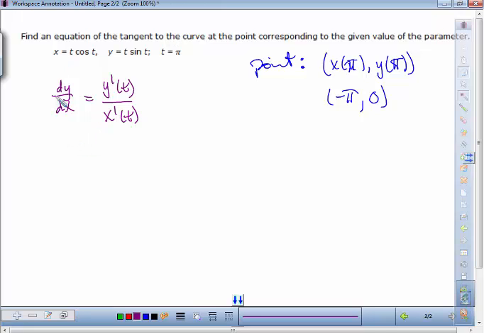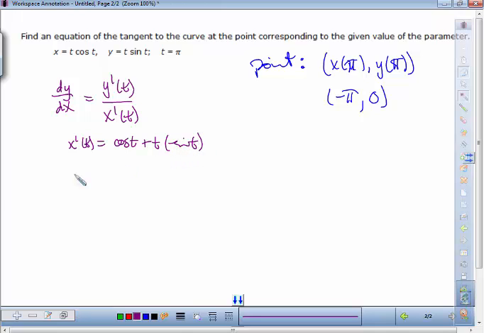So I'll take my x function and find the derivative of that. And I see it's a product of two functions, t and cosine t. So let's take the product rule: derivative of the first times the second, plus the first times the derivative of the second.